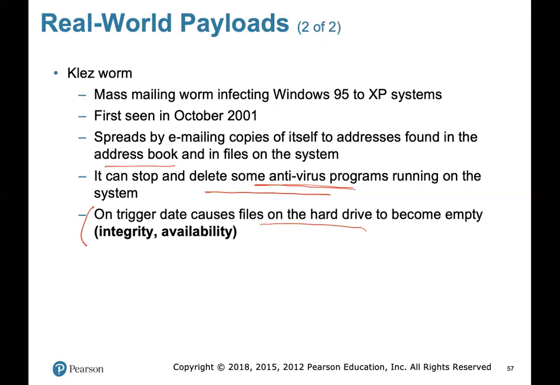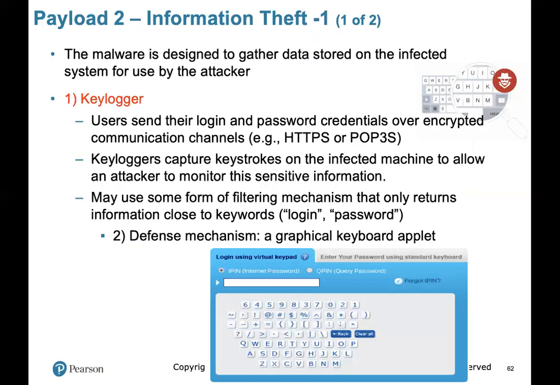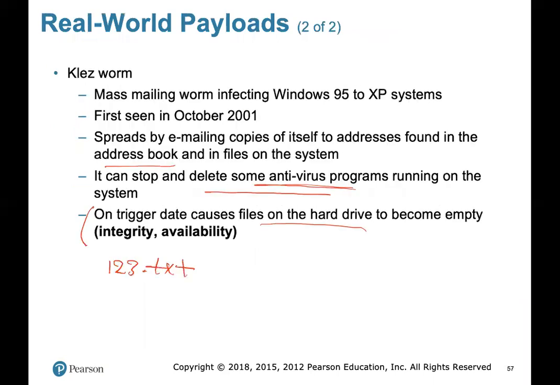And if you have written programs in C or any other programming language, you know that it's going to be very easy. If there is a file here with the name, for example, 123.txt, with some information in it, you just need to open that file with a specific switch.